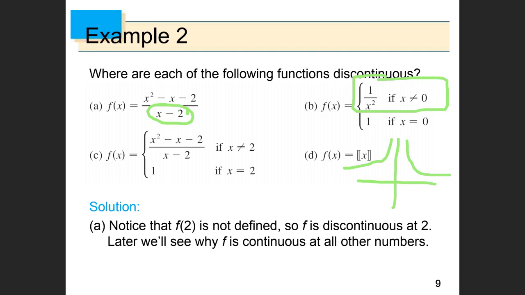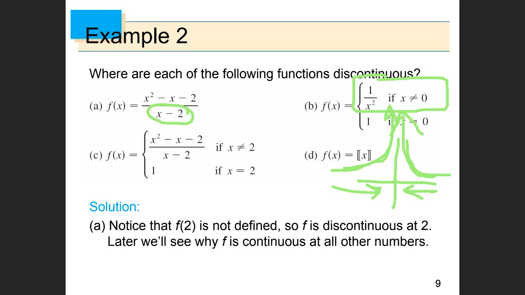Now ask yourself, what happens when you're approaching 0? When I'm approaching 0 from this direction, this curve is heading towards positive infinity. If I'm approaching 0 as x approaches 0 from the left, look at what's happening to the curve. The curve is going up again towards positive infinity. You see, the limit as x approaches 0 does not exist. So property number 2 fails. Therefore, we say it's discontinuous at x equals 0. All right. I hope you're happy now with B.